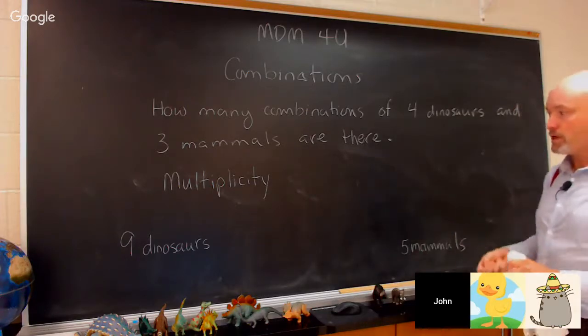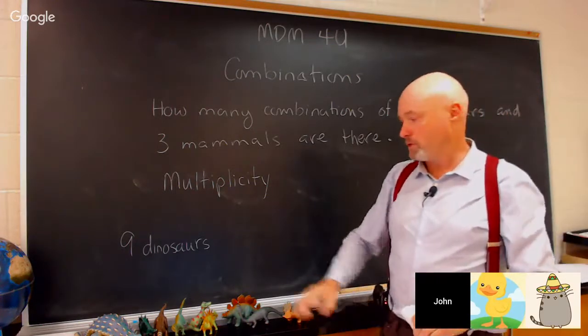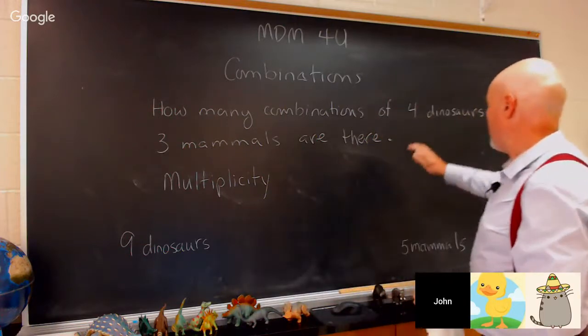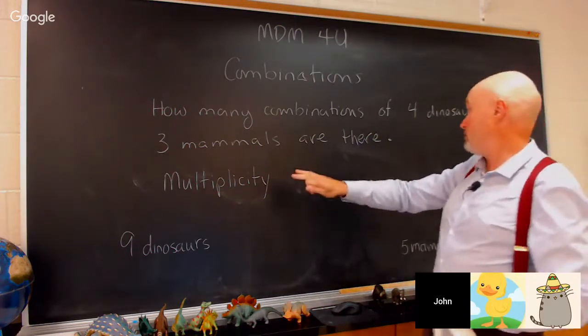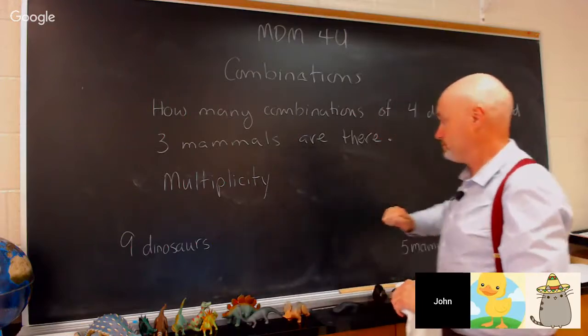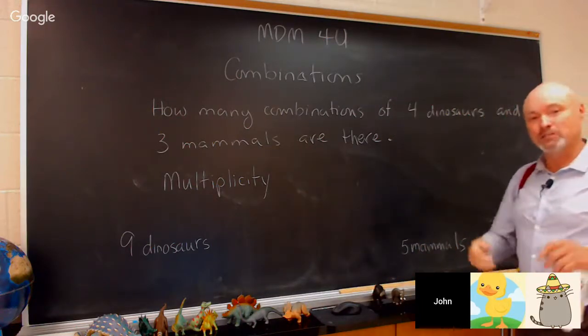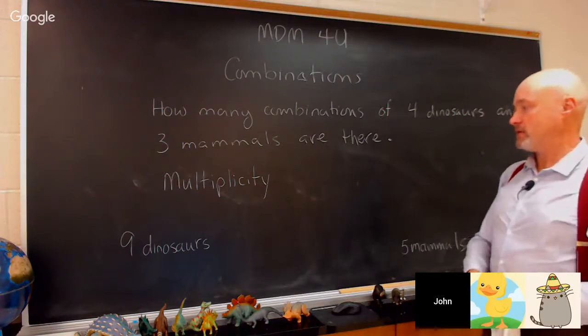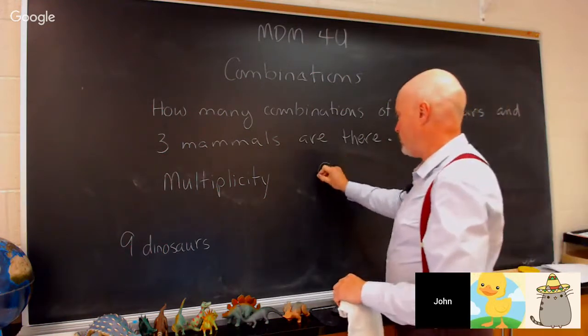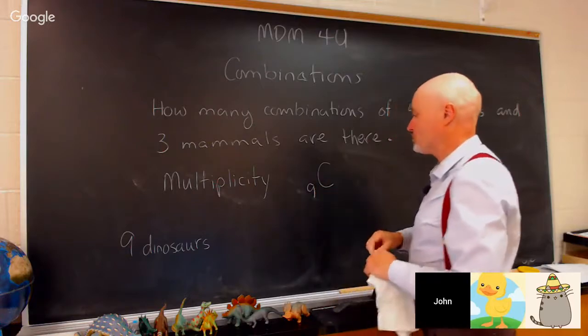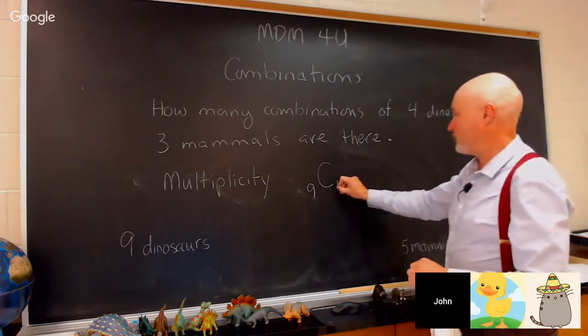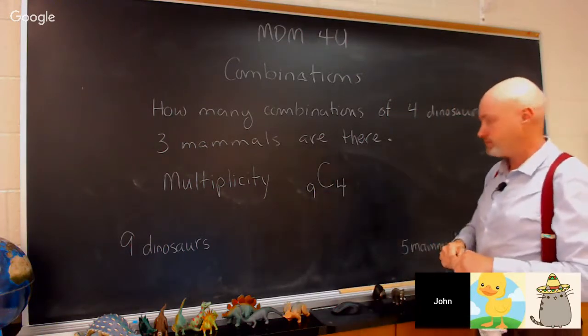Okay, this is where we have a multiplicity principle because we're going to be choosing 4 dinosaurs from 9, and we're going to be choosing 3 mammals from 5. So it's a 2-stage process. First of all, we're going to choose our 4 dinosaurs from 9.